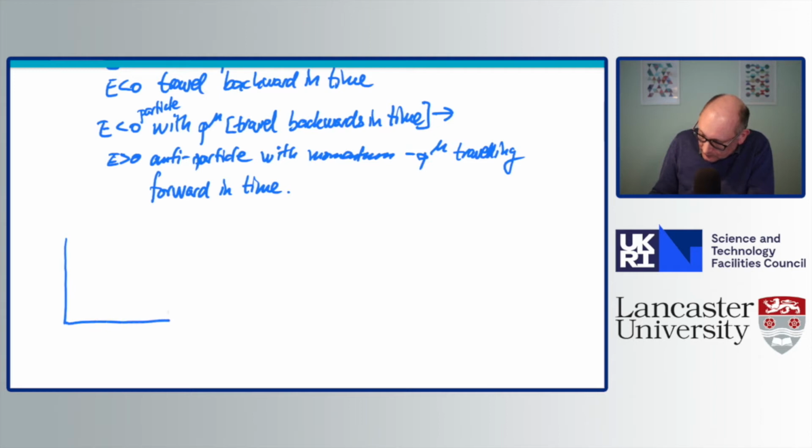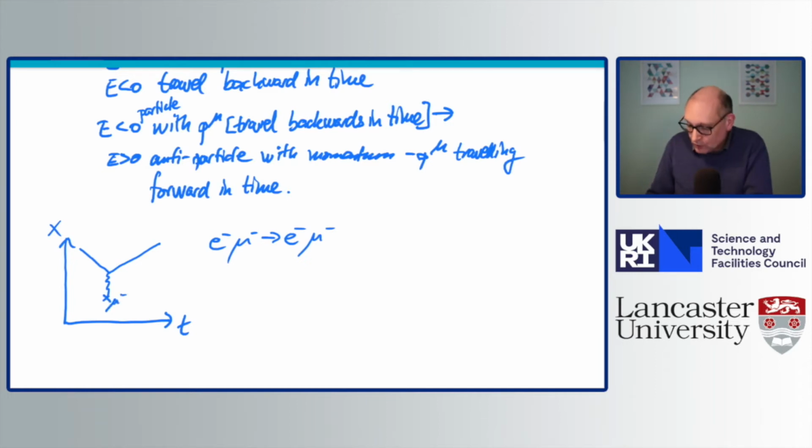So if one has a space-time diagram of time and x, where one studies, for example, e-mu scattering, where one has an electron scattering off the potential from a muon. So the muon has an electric potential and the electron scatters on that potential.